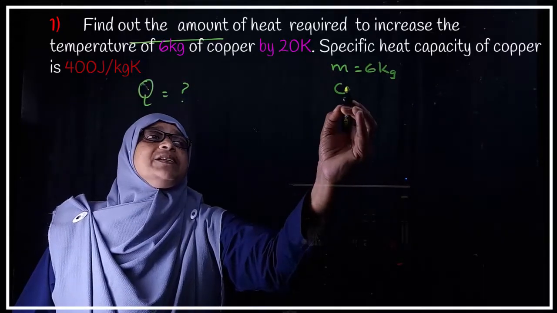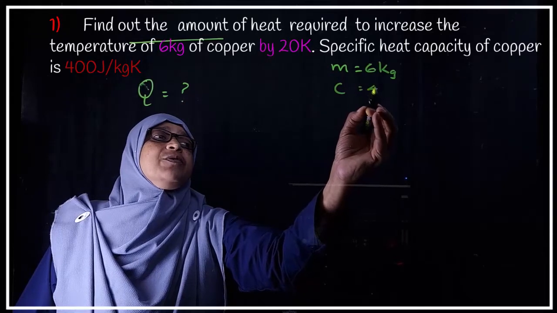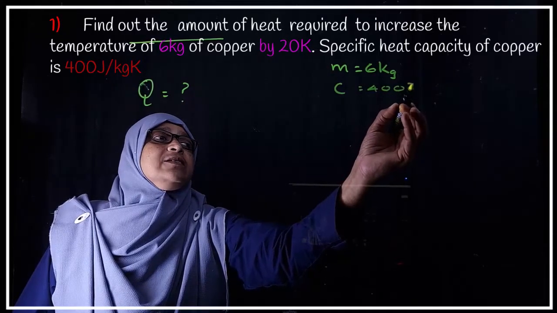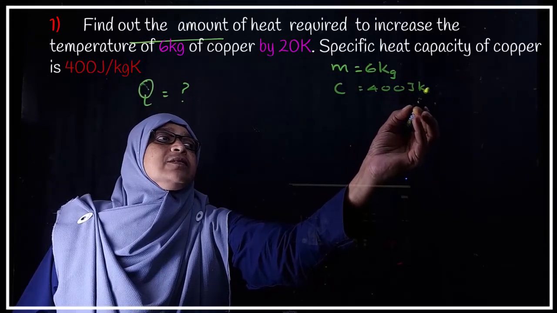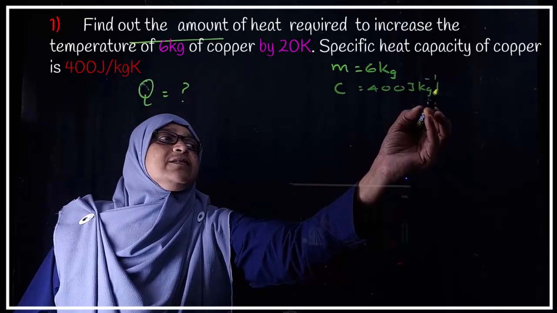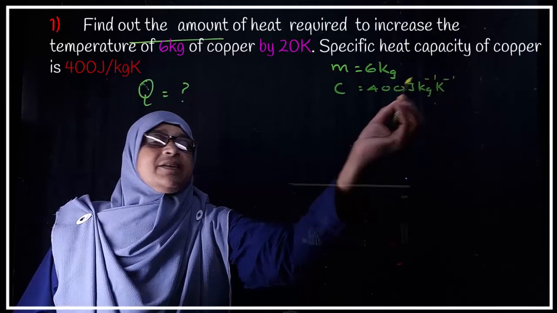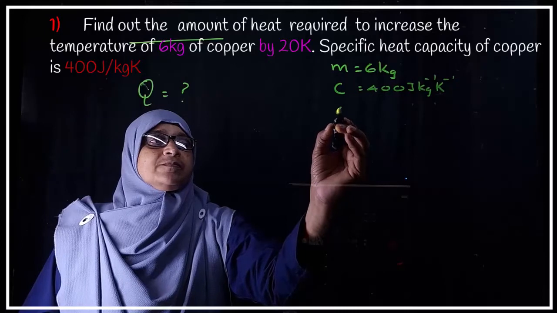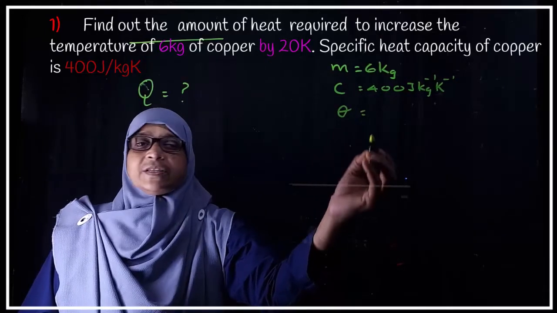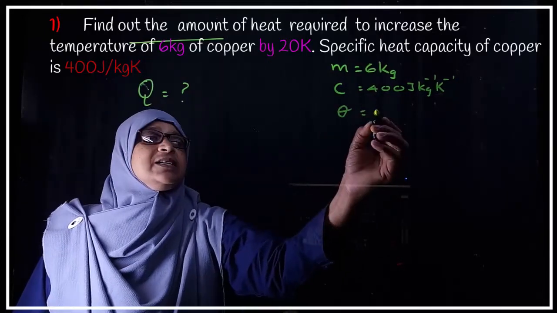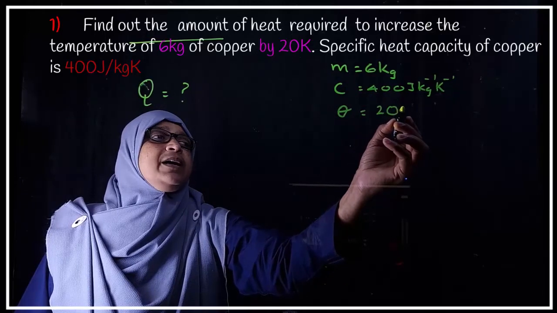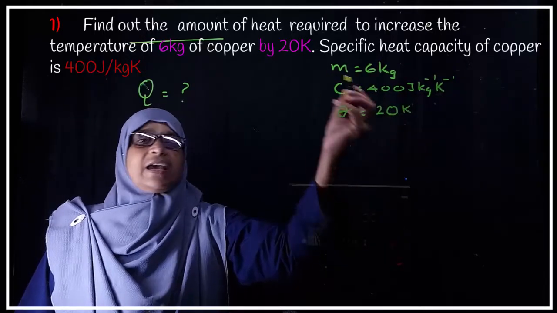Specific heat capacity of copper is 400 joules kg minus 1 K minus 1. Theta, the temperature change, is 20 K.